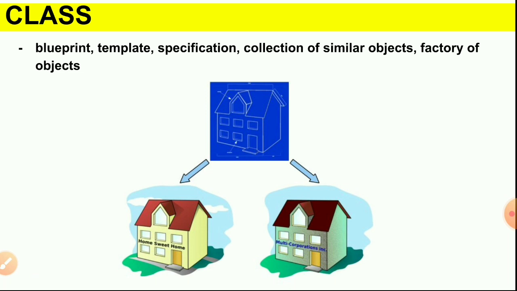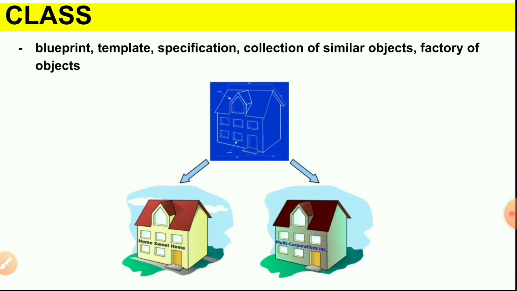And just by creating a blueprint, you do not create the actual houses, isn't it? If you create the blueprint, the actual house is not created, the house does not exist. Similarly, just by creating a class, you do not create the object. But the class will act as the foundation for creating an object.